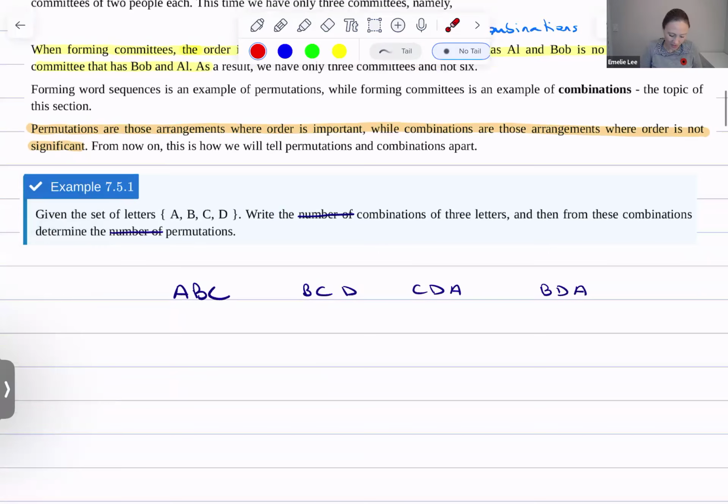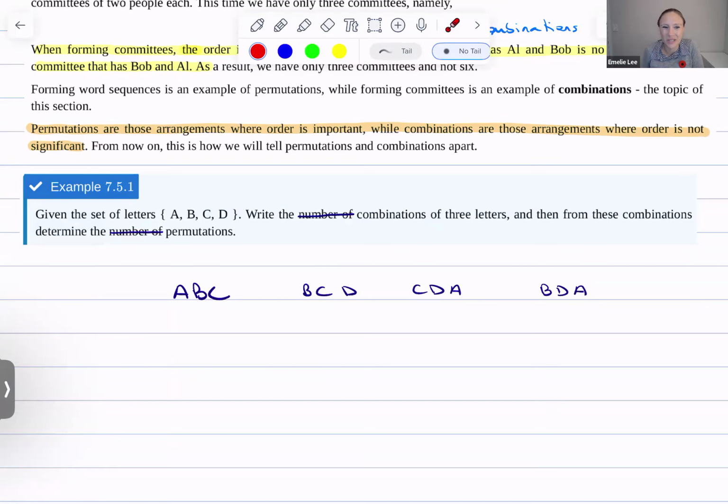As an example to start us off with, I kind of altered it a little bit. If you have 4 letters, A, B, C, D, I want you to write the combinations, not just the number of combinations of 3 letters, but actually write them out, and I've got them kind of pre-baked. And then from these combinations, determine the permutations.